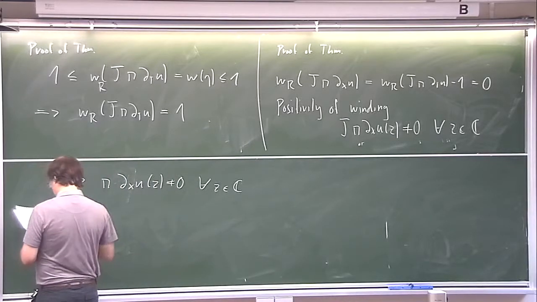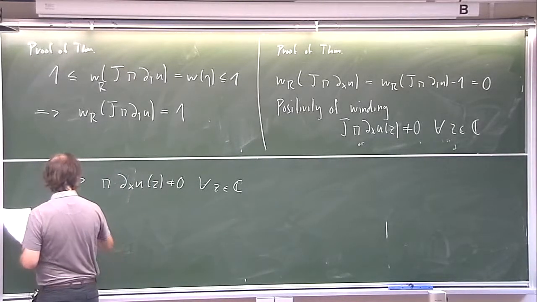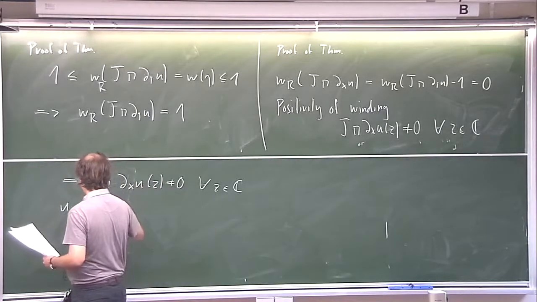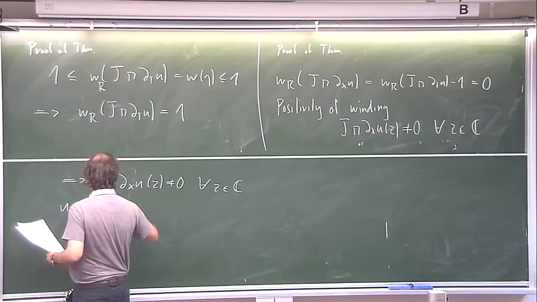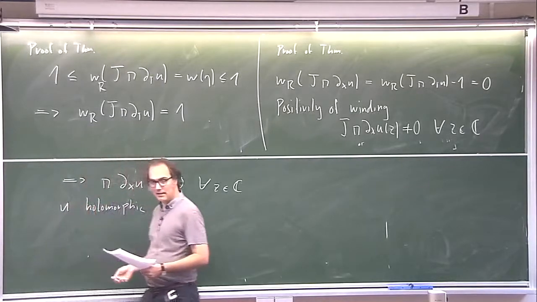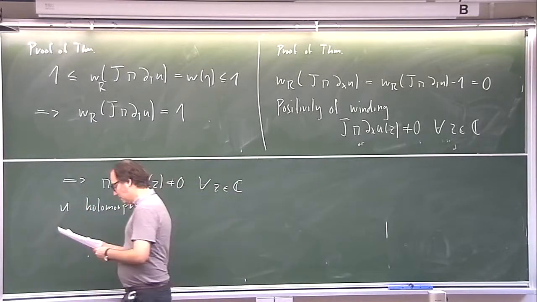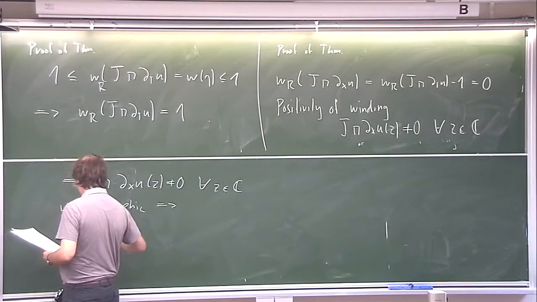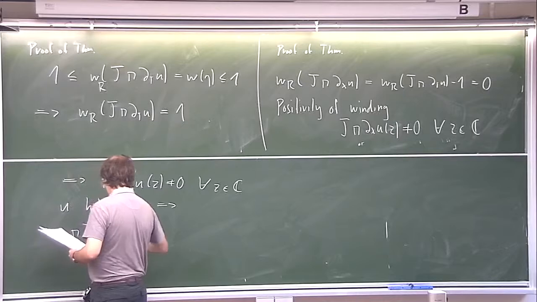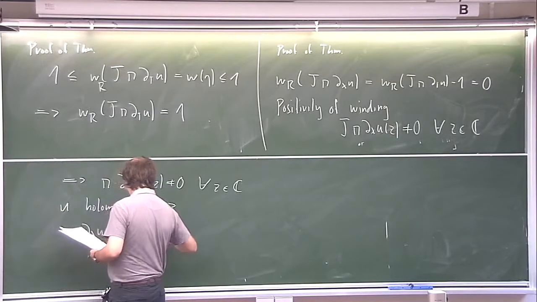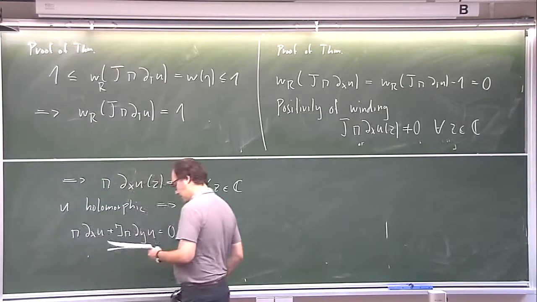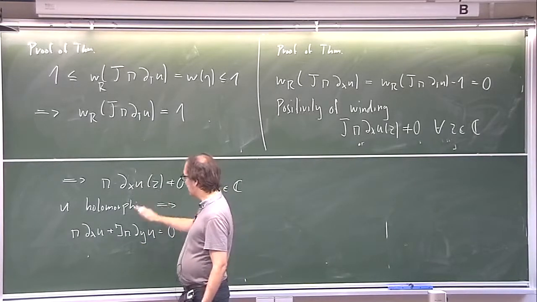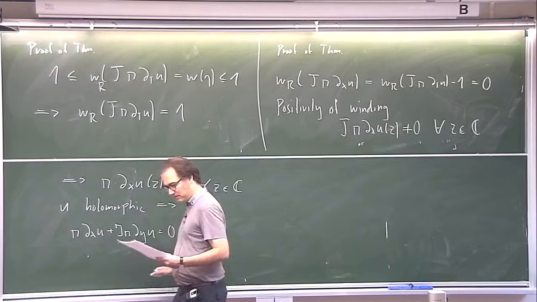But we also know u is holomorphic for this SFT-like almost complex structure. So we get the equation pi dxu plus j pi dyu equals 0. So in particular, if pi dxu is never 0, then pi dyu also is never 0.